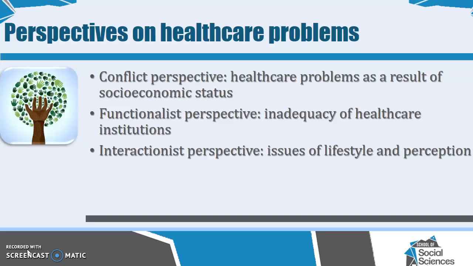So whoever has the better brand, whoever has the better service, these healthcare institutions would sort of cater to them. And as a result of this, they do not provide adequate healthcare to most of the population, which should really be their aim according to the functionalist perspective.